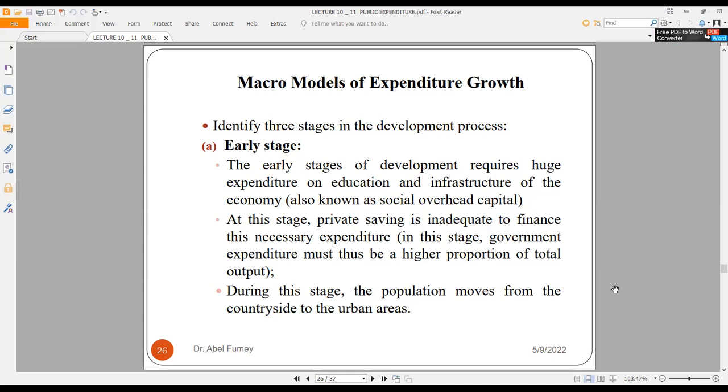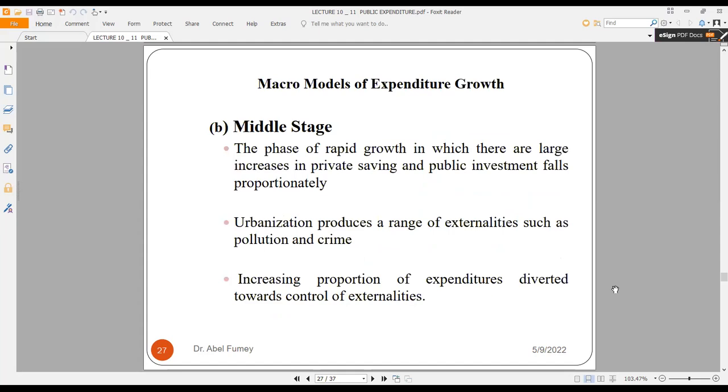Even if they have to provide these infrastructural facilities, they cannot do that. So the government will have to step in and take charge of all this. This is also the stage where people move from the rural sectors into the urban areas. So at the early stage, public expenditure tends to be very, very high.